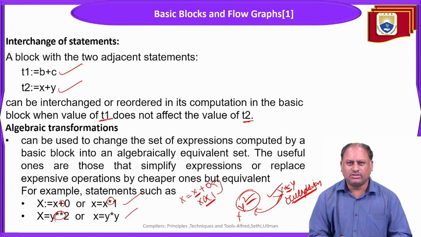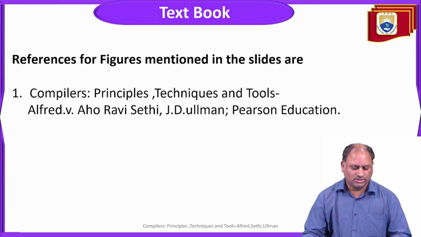You can replace the power with multiplication. Expensive operations are to be eliminated in favor of lower ones, which give the same result as the expensive operation. So the result is not affected, but here the optimization of the code takes place, and we can get the results very easily.